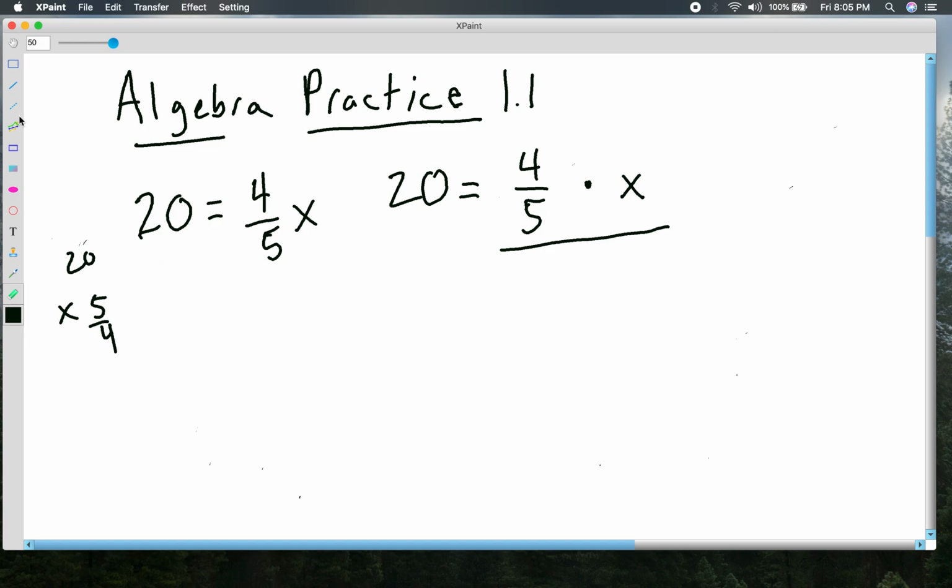All right, so let's go ahead and move to make this bigger. 20 equals 4/5 x, which is 4/5 times x.